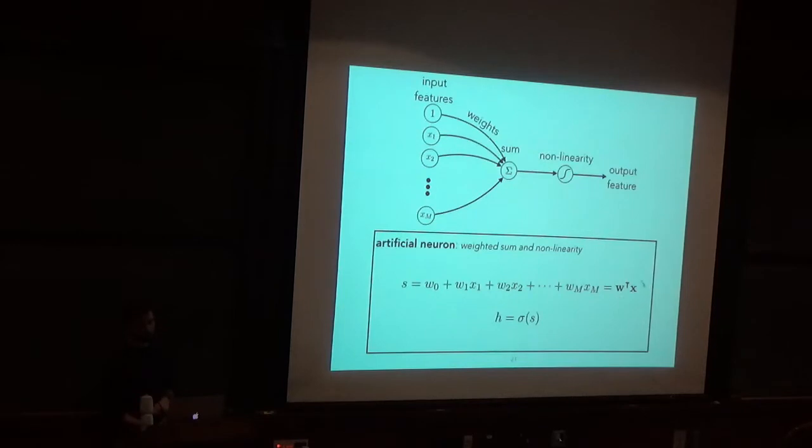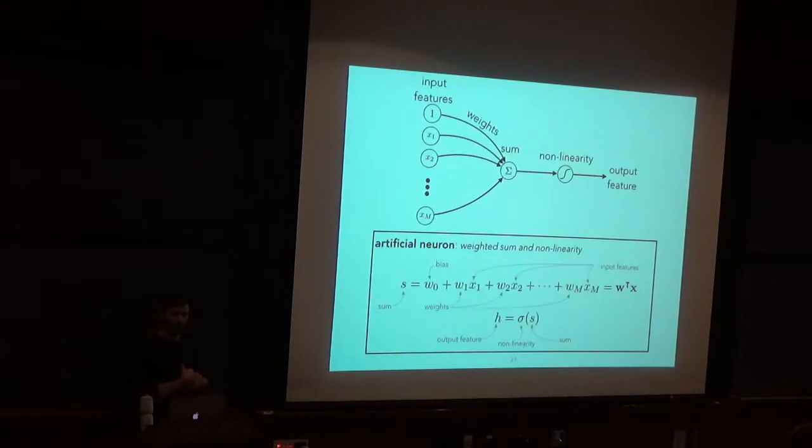So we can represent that as W transpose X. And then the nonlinearity here we're going to represent as this function sigma, which takes in S and returns some output H. So again, just to look over that, we have a set of weights, a set of input features, this bias term W0, which is just multiplied against 1, and this summation that results from that. And we're going to pass that summation through a nonlinearity to get an output feature.